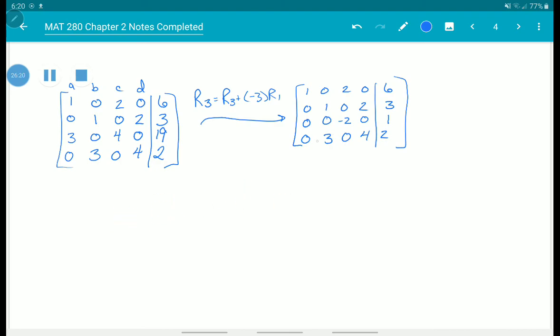So now I need to zero this guy out, and I'm going to do that using that second row. So we're going to take row 4 and replace it with row 4 plus -3 row 2.